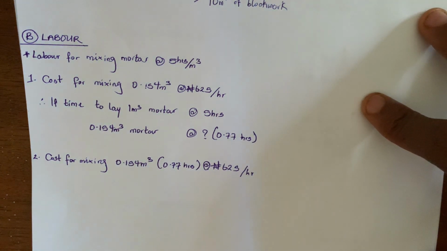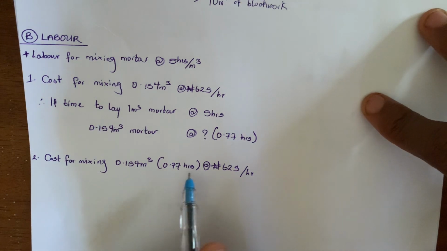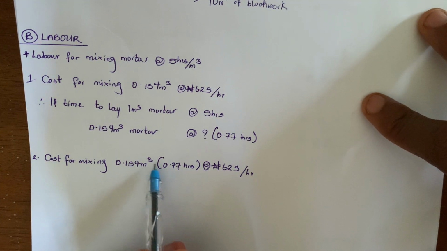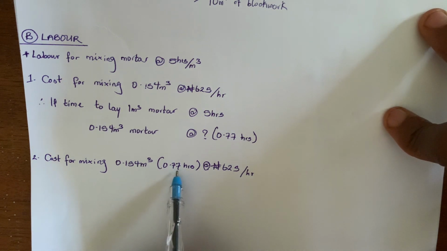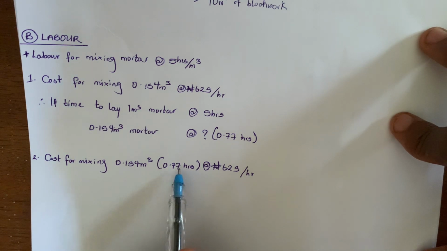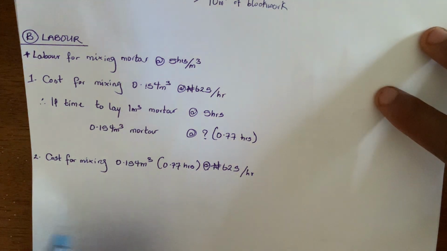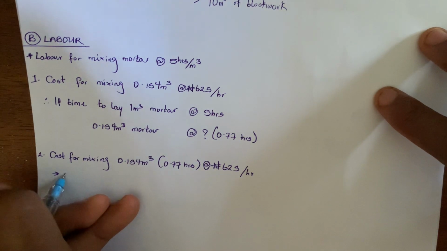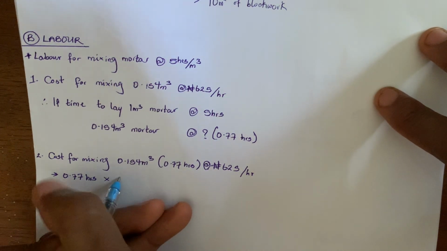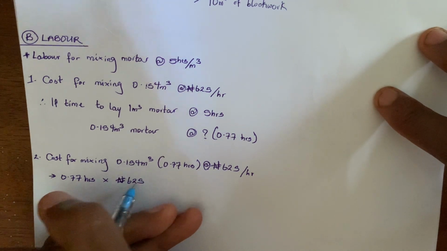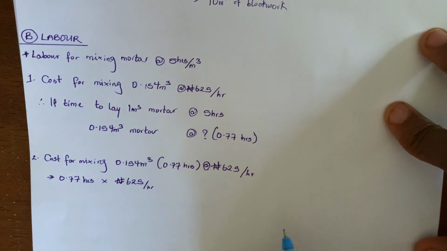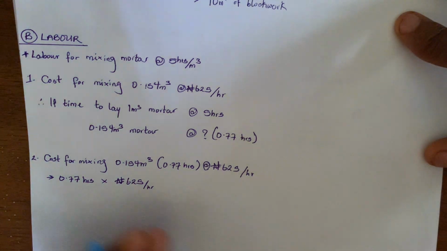So since it will take us 0.77 hours at 625 naira per hour, what will be the cost of 0.77 hours? It will now become 0.77 hours multiplied by 625 naira per hour. And when you do the math, it's going to give us 481.25 naira.